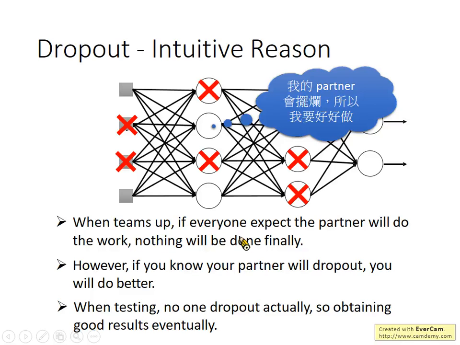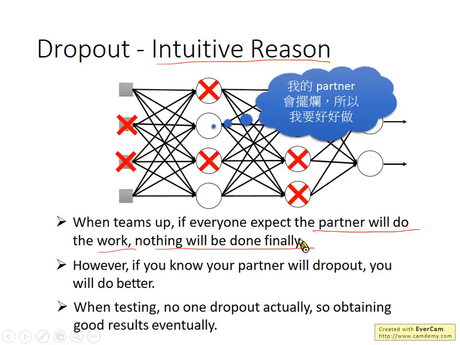So why can such a simple idea reduce overfitting? The intuitive reason is the following. When a team is teamed up, if everyone expects the partner will do the work, then nothing will be done finally.